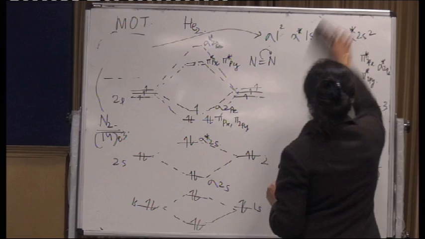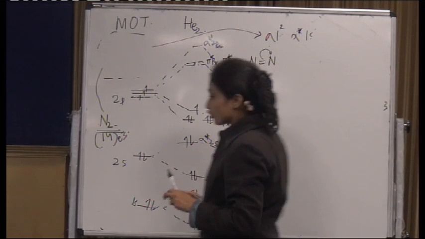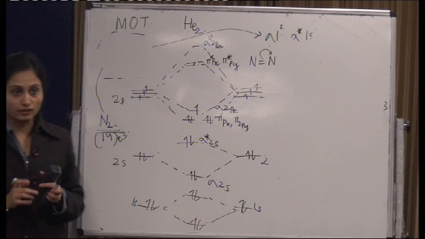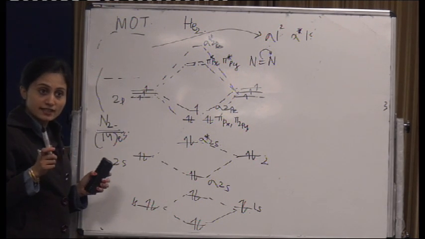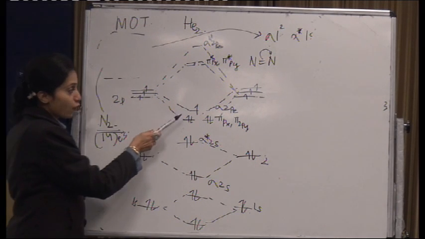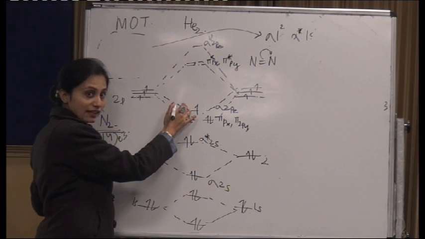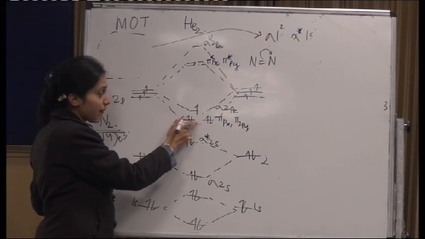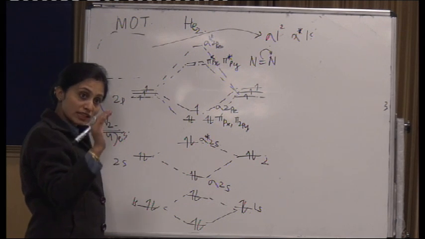Now just look. Whenever we have the combination of the head-on overlapping here, whenever a bond is formed, energy is released. In this case, the bond is formed to a greater stable extent and it releases more energy, so it goes lower in energy. And in case of pi, it is a sideways overlap which doesn't interact so much, so it lies higher in energy.